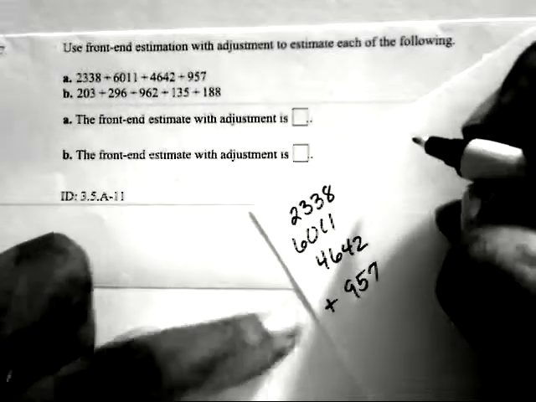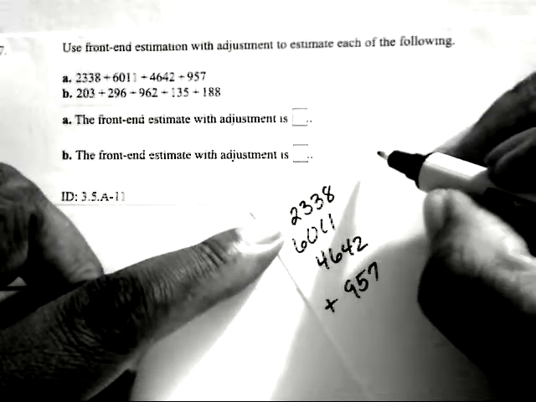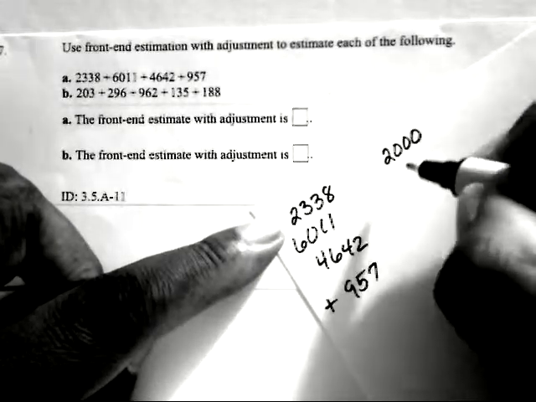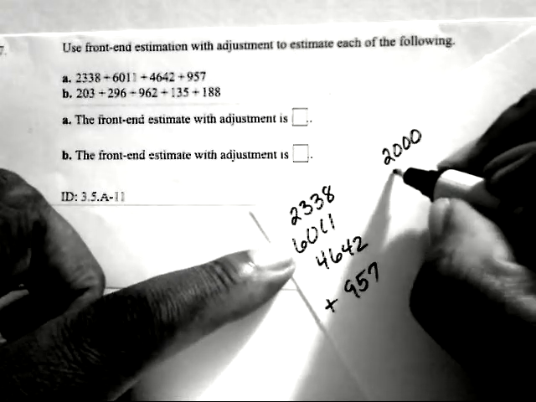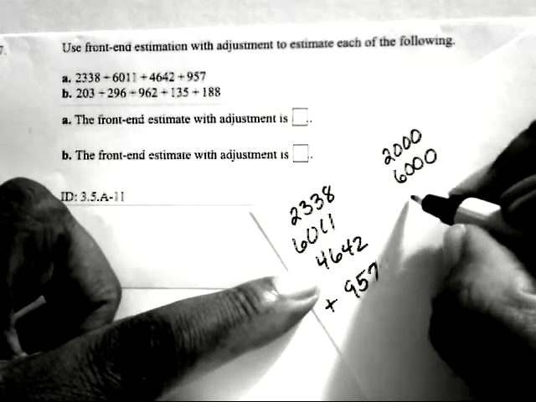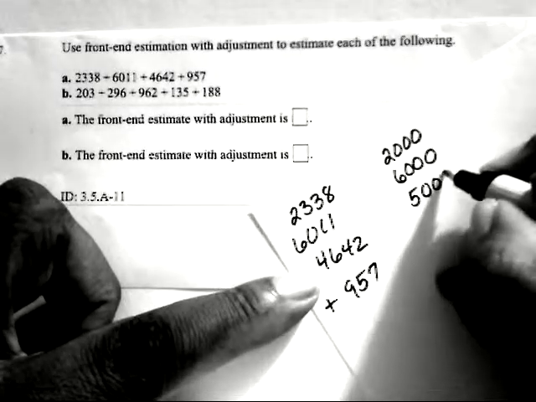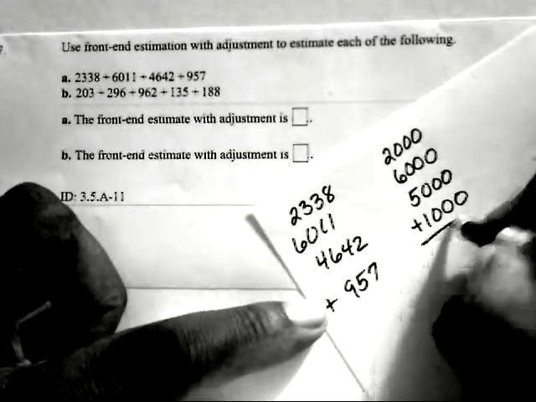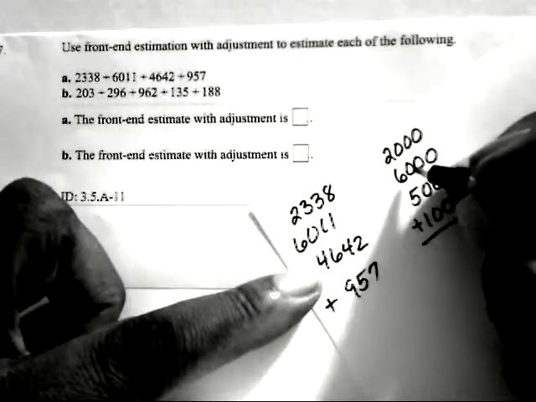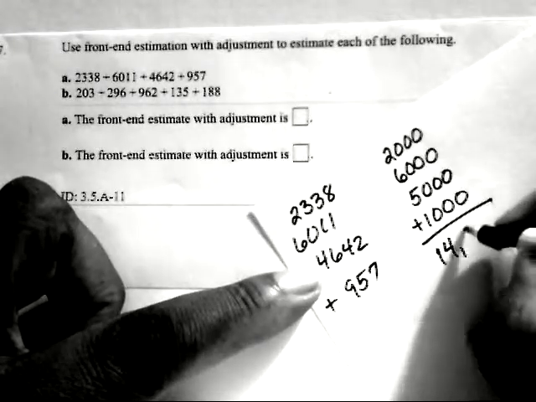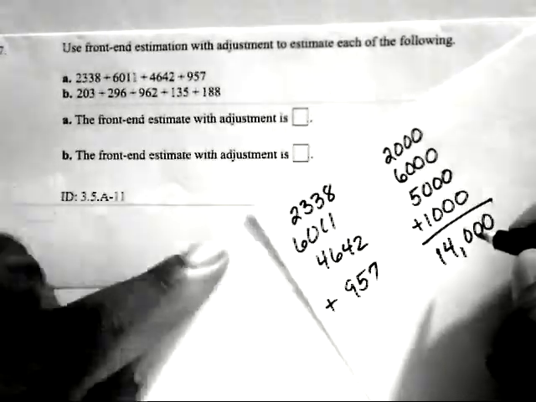Let's round all of these off to the nearest thousand. That 2,338, I'm going to round that to 2,000. 6,011 would be 6,000. 4,642, I'm going to round that up to 5,000. And 957, that's going to be rounded up to 1,000. So if I add 2,000, 6,000, 5,000, and 1,000, that's going to give me 14,000.